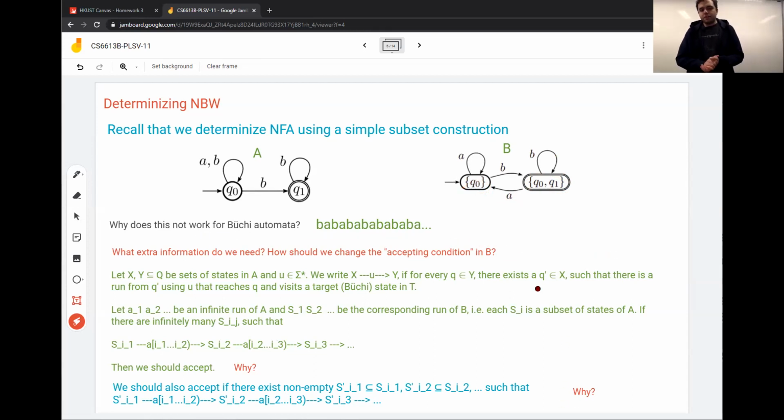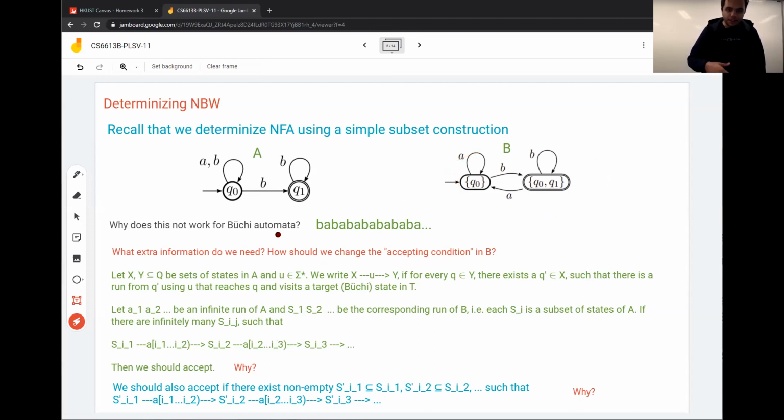So you see, basically, the point here is that even when I'm in this state, when I know that I'm somewhere either in Q0 or Q1 in the original automata, it actually matters which one I am in. And it also matters how I got here. How many times have I seen accepting states? So we need a lot more information, and we have to actually change our accepting condition in B to something other than Büchi.